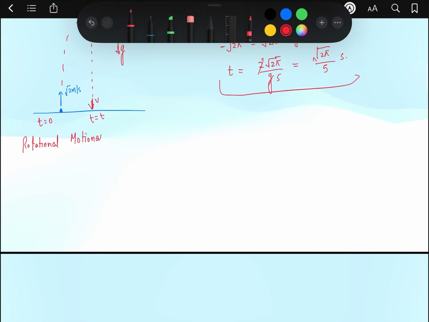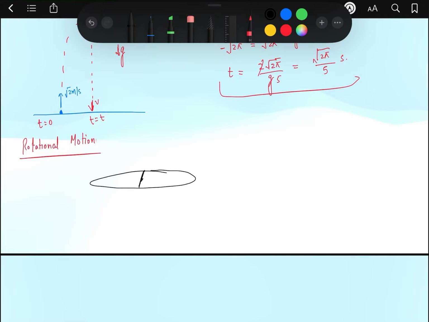When this is the coin and this is its diameter, and from the center at a distance of 2/3 centimeter we apply this impulse, this coin starts rotating about its diameter in the upward direction. Let me call the angular velocity omega.